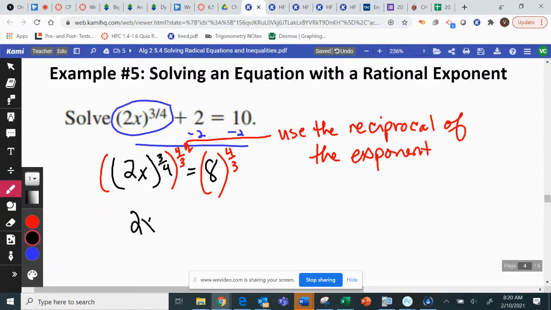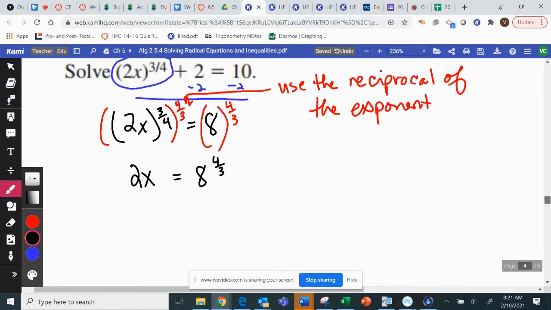So now I have 2x equals 8 to the 4/3. And we want to get x by itself. How do I get x by itself? Divide by 2.